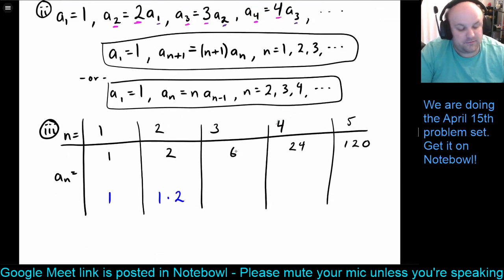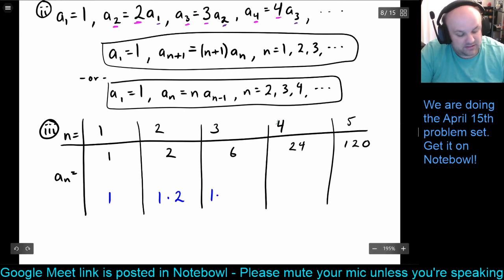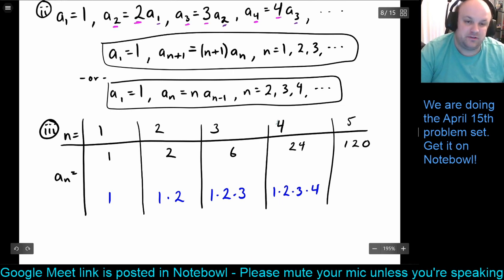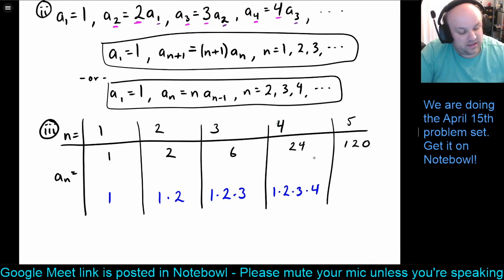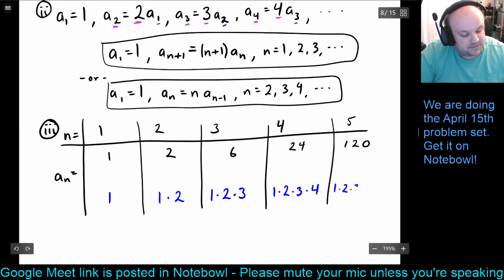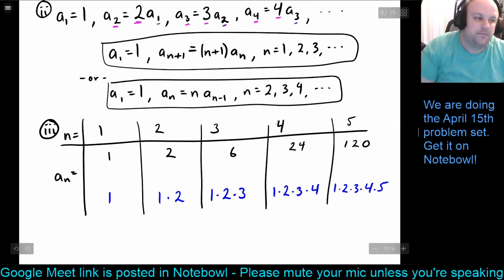Moving from here to here, I multiplied by 3, so this is 1 times 2 times 3. Here to here, I multiplied by 4. That's 1 times 2 times 3 times 4. And going from n equals 4 to n equals 5, that's 1 times 2 times 3 times 4 times 5.